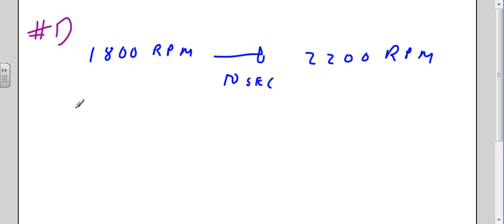Okay, well, we know that if this were linear, acceleration is a constant, 9.8 meters per second squared, or 32 feet per second squared.